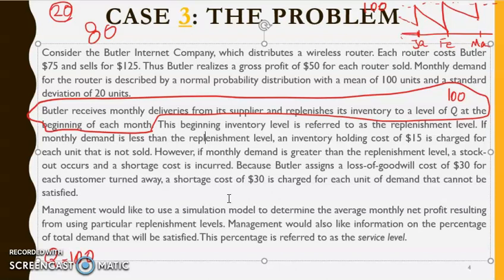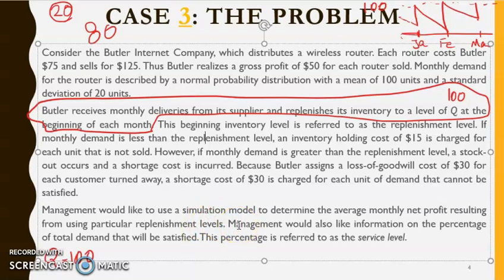And since the demand is a random number, simulation is the best approach to tackle this problem, to come up with the best level of Q. Management would like to use a simulation model to determine the average monthly net profit resulting from using a particular replenishment level.